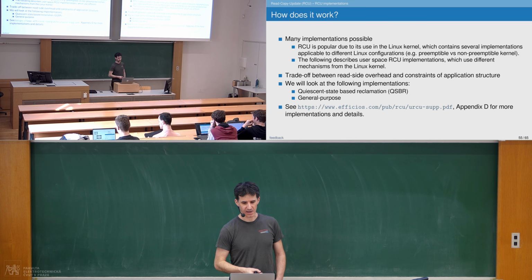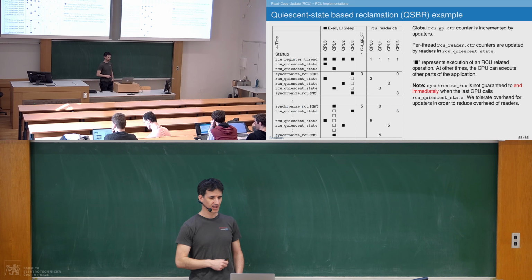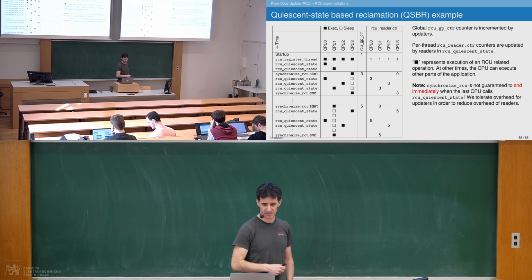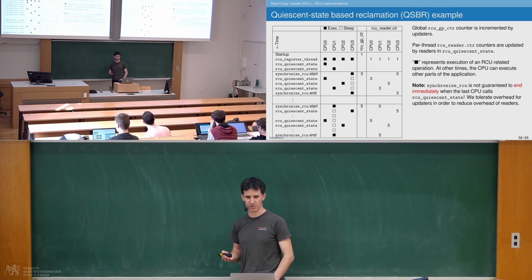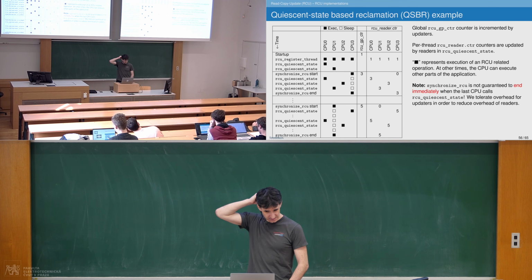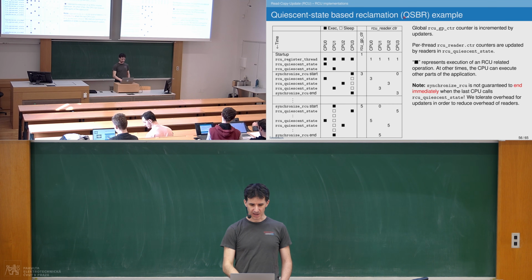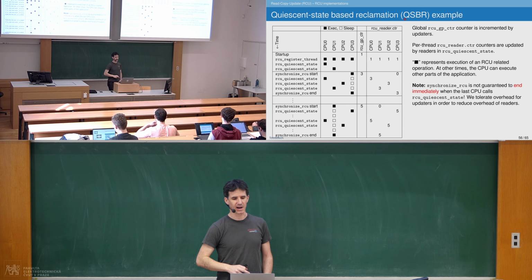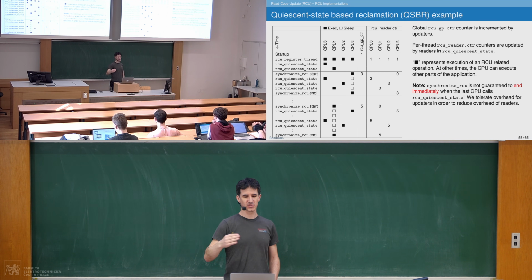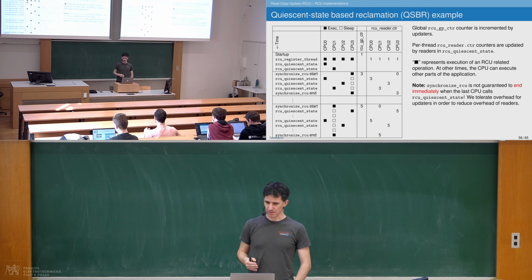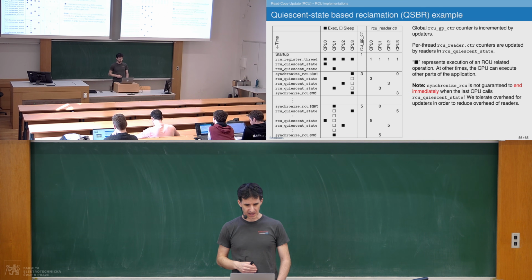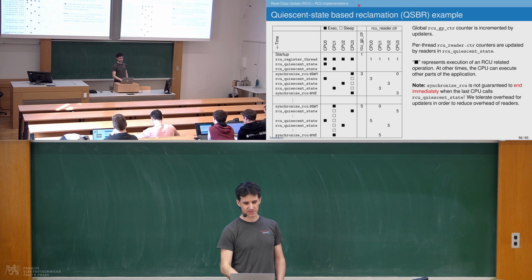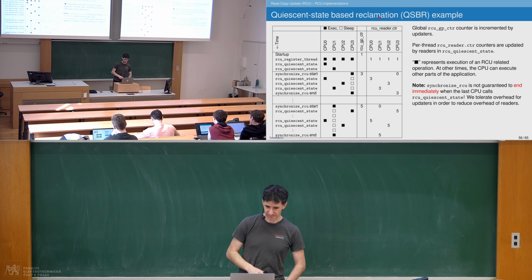But here we are talking about something different, how this can be implemented in an application which is running outside of the kernel. And here I will present what's called the QSBR implementation, quiescent state, and I forget what BR stands for, quiescent state based reclamation.